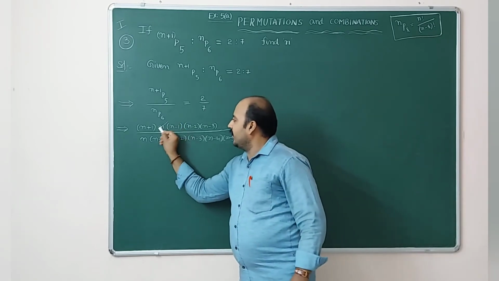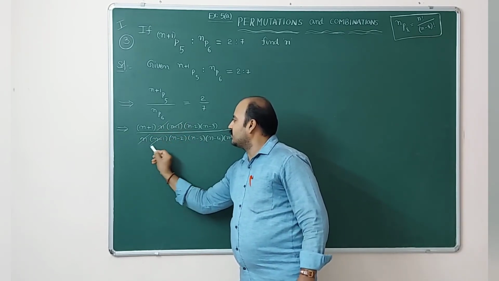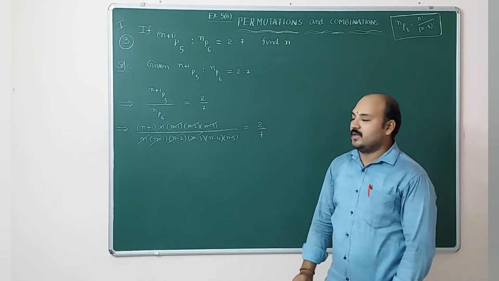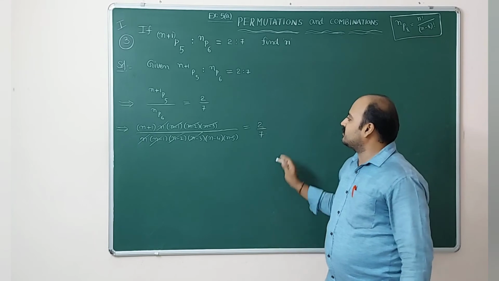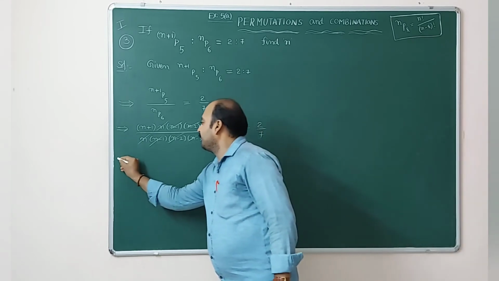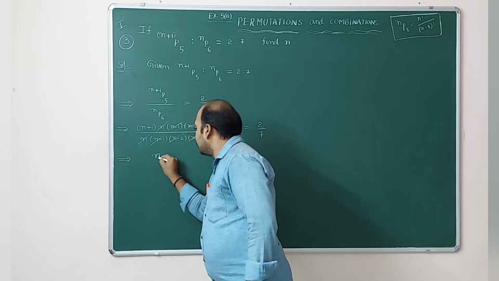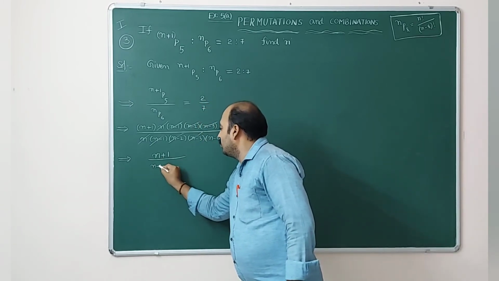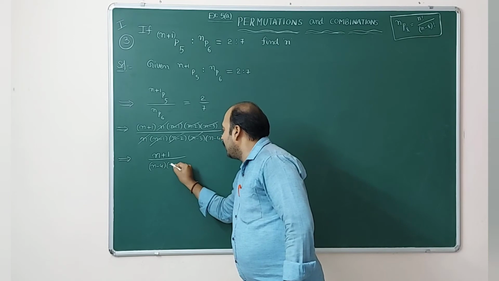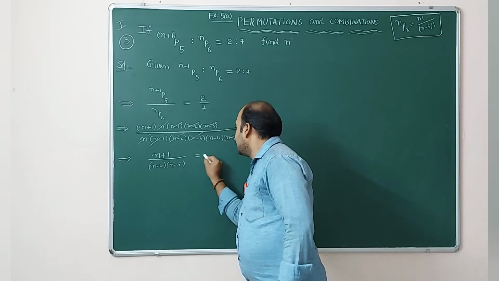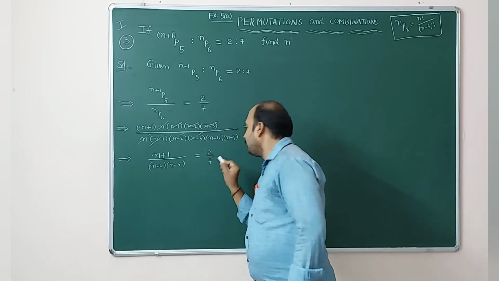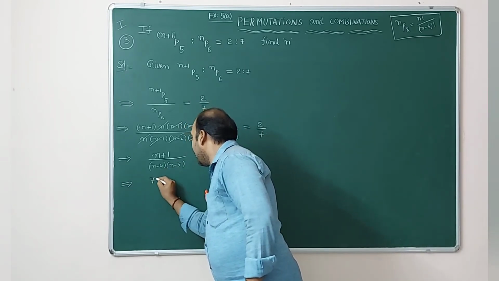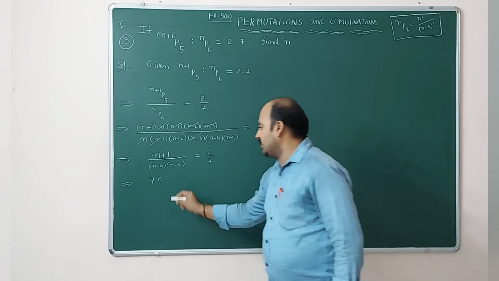Now, n gets cancelled, (n-1) with (n-1), (n-2) with (n-2), (n-3) with (n-3). So, the rest of the terms, cross multiply. First, you write the rest of the terms: (n+1) by (n-4) into (n-5) is equal to 2 by 7. Now, cross multiplication, 7 into (n+1).